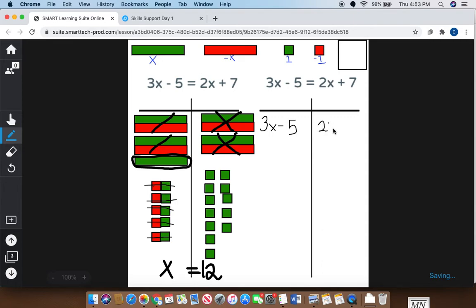So your first step is to just rewrite the problem. So we've replaced the equal sign with just the little t to represent one side of the scale and the other side of the scale. It's just another way to symbolize. Okay, so we have expression 3x minus 5 on the left side of the equation, and then we have the expression 2x plus 7.